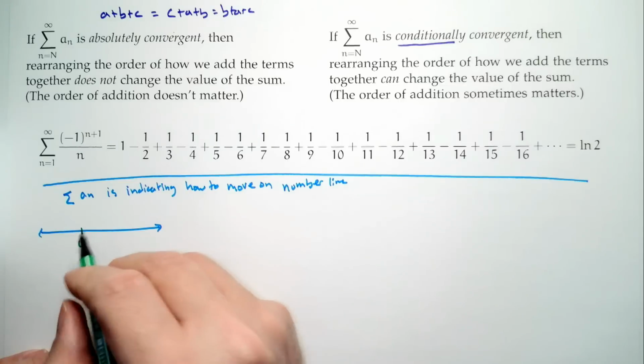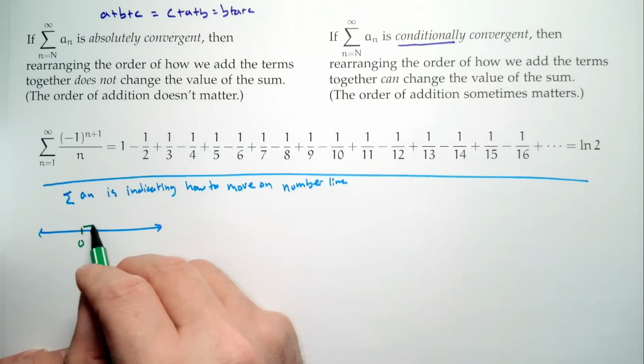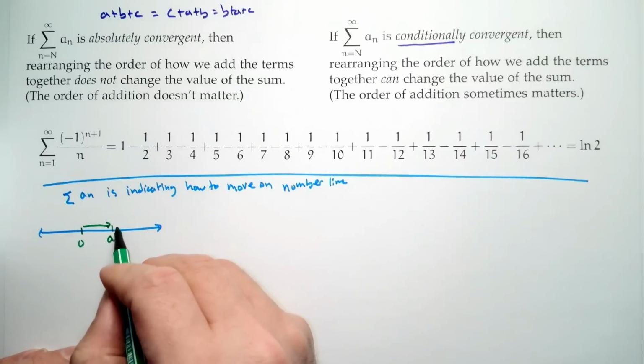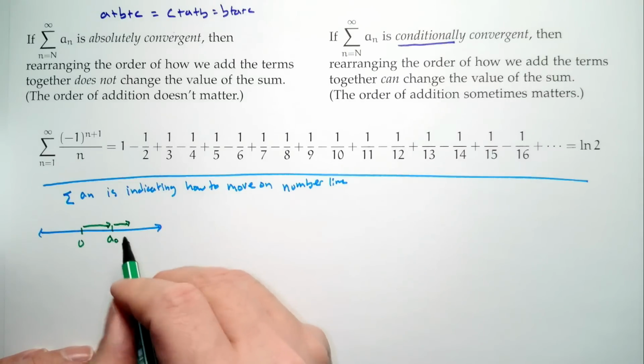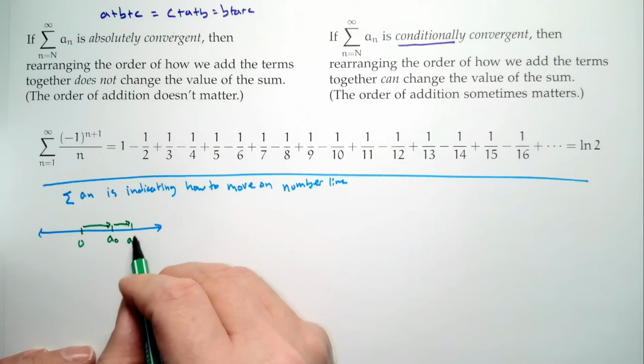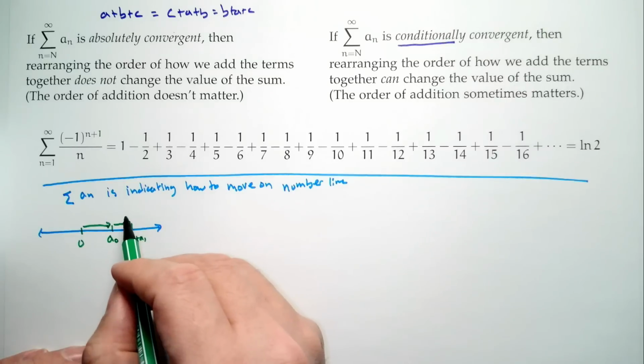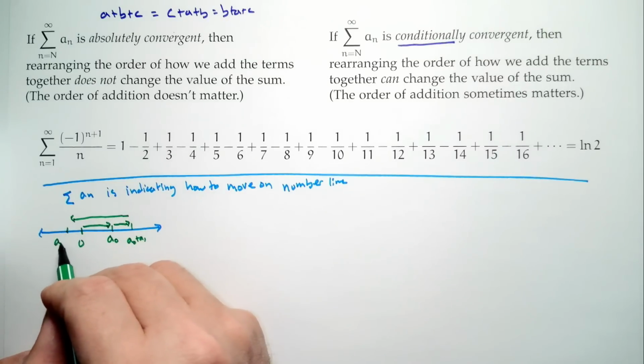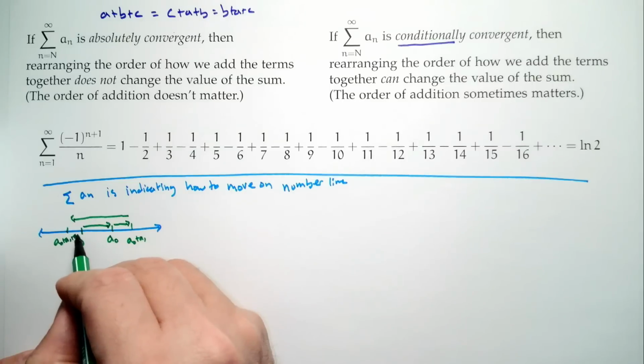So you start here at 0, and then A0, well, if it's positive, it says move to the right. If A1 was positive, then you move to the right again, so A0 plus A1. Now, if A2 is negative, it says move to the left. So you have A0 plus A1 plus A2.